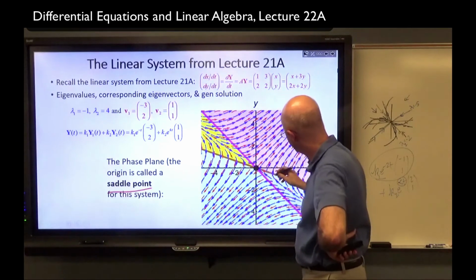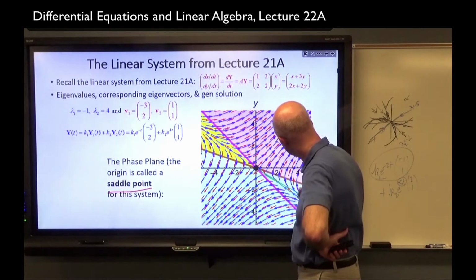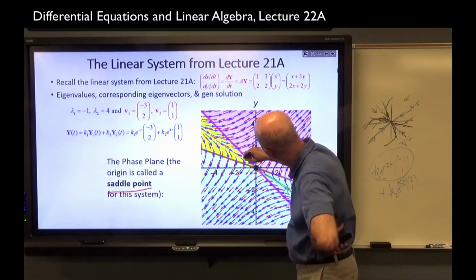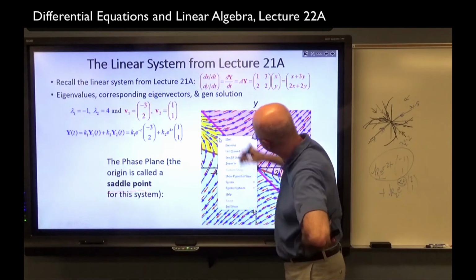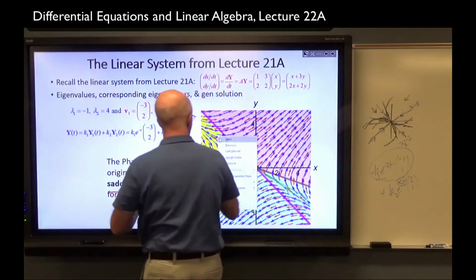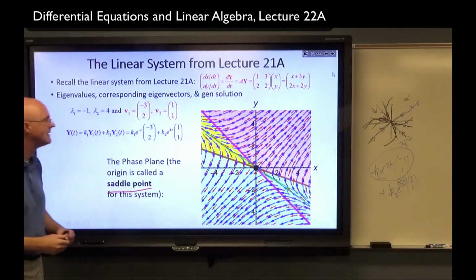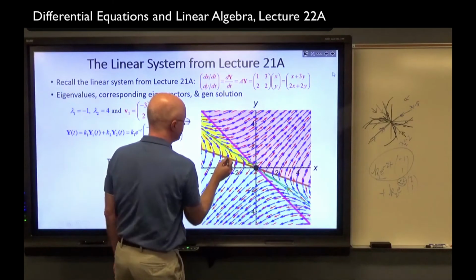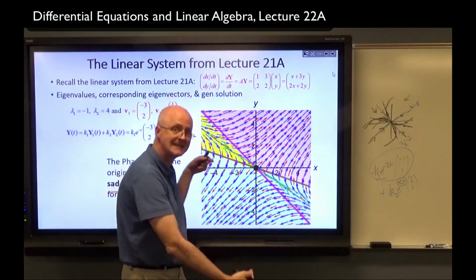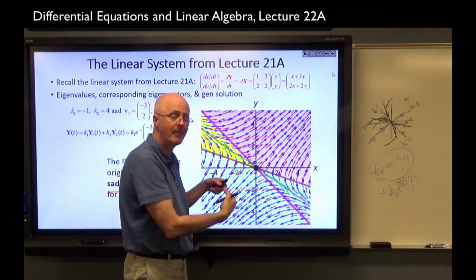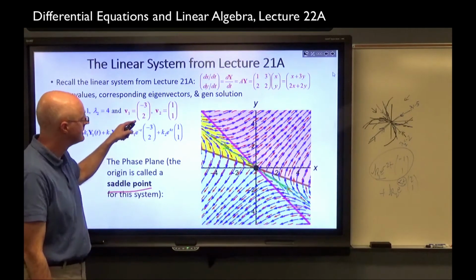That corresponds to a straight line solution about like this here and about like this here. And it's a negative eigenvalue. Arrows are pointing toward the origin. It's a sink in that direction, so to speak. And notice that it's parallel to this vector.